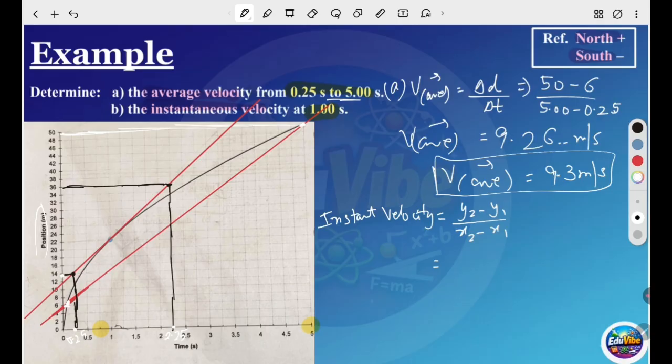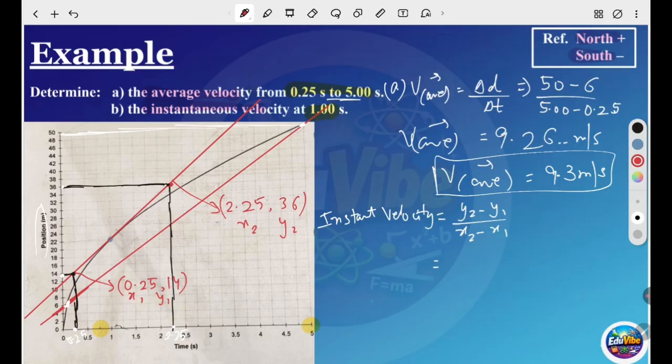This is 14, this is 36. This point is 0.25 comma 14, which is x1 and y1, and this point over there is 2.25 comma 36, which is x2 y2.